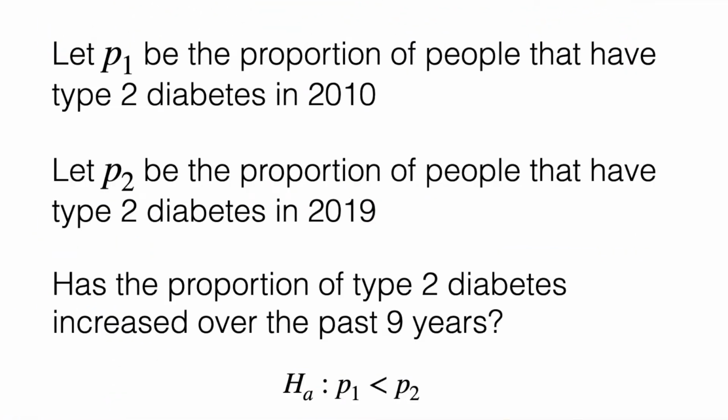This appears to be asking us, is there some kind of a difference between 2010 and 2019? So this is a statement of difference, and we know that statements of difference involve the alternative hypothesis. So in this case, we'll formulate the alternative as P1 is less than P2.